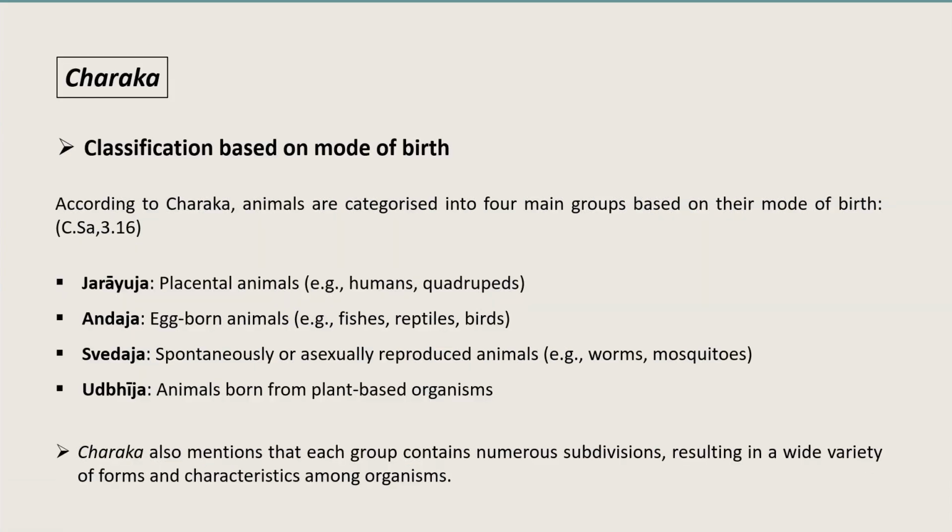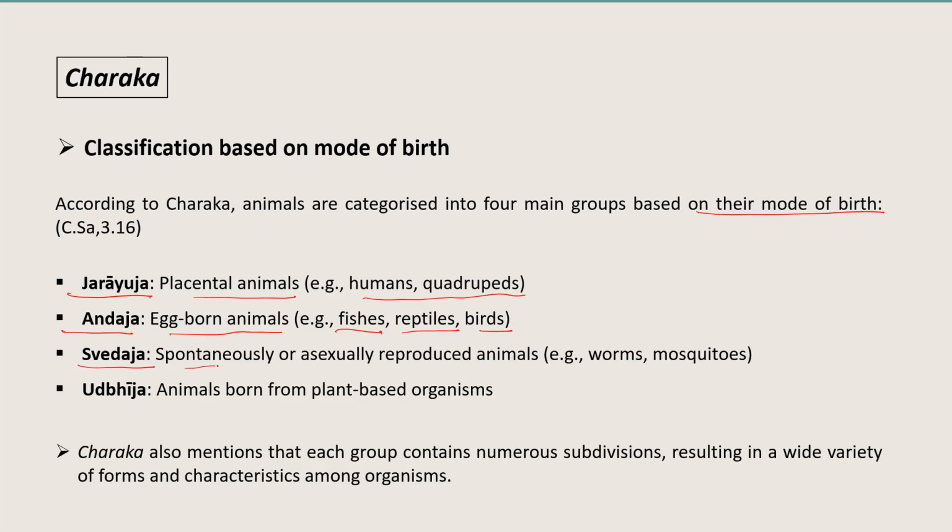According to Charak, the classification is based on the mode of birth. Animals are categorized into four main groups. First one is Jarayuj, placental animals, for instance humans and quadrupeds. Andaj, egg-borne animals, for instance fish, reptiles and birds.